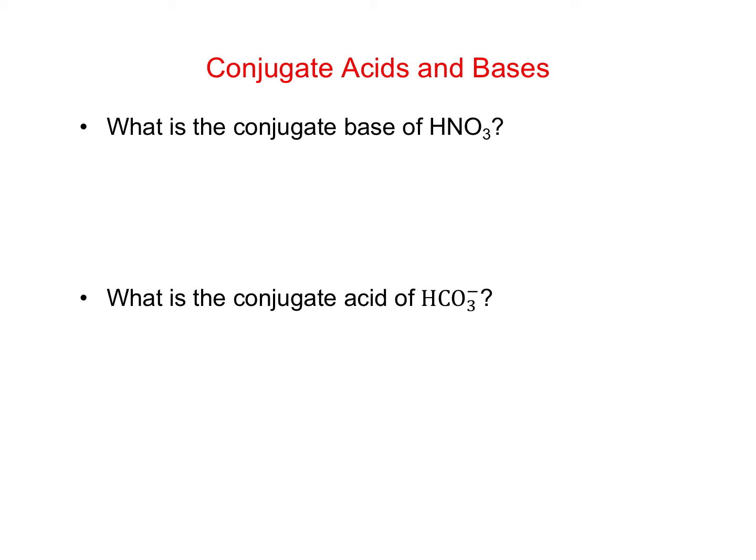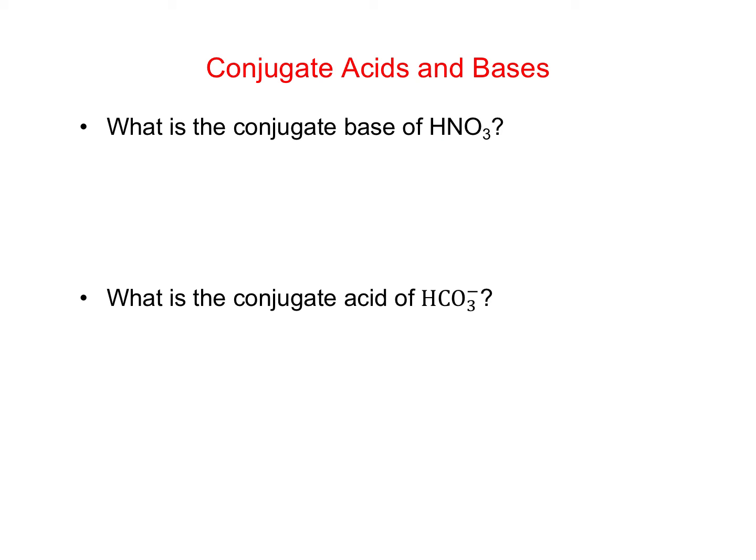All right, so here's another way that we might ask questions related to conjugate acids and bases. In this problem, they're asking, what is the conjugate base of HNO3? If I'm looking for the conjugate base, then HNO3 is acting like an acid, which means it's donating an H+.